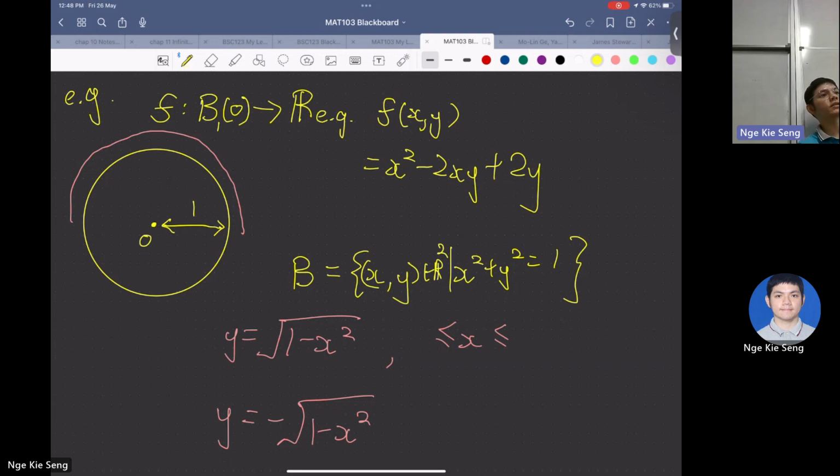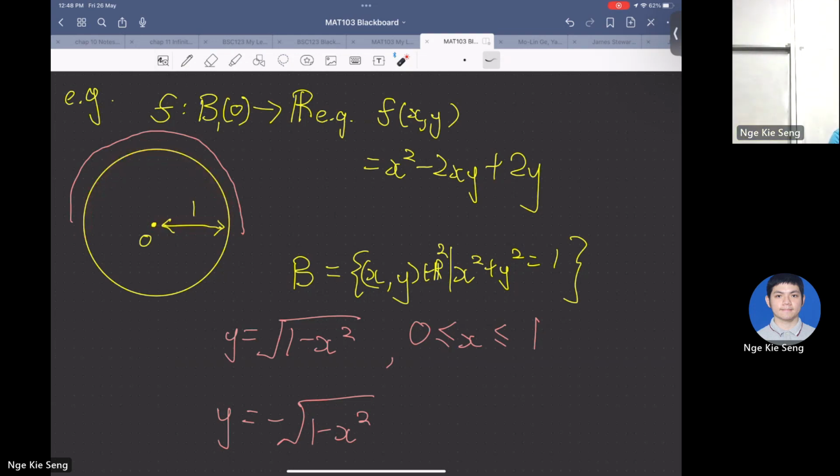Now it's very clear. The boundary is the unique circle. So how do we parameterize this again? I guess x has to run from 0 to 1, because x is going from 0 to 1, and then we look at all the y. Make sense?